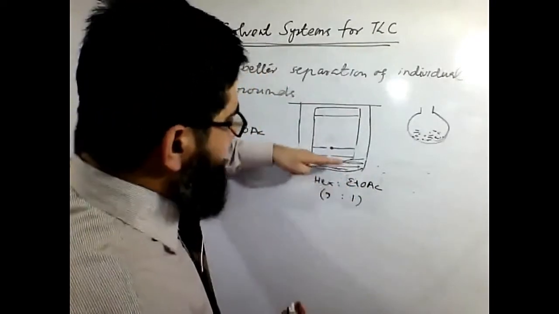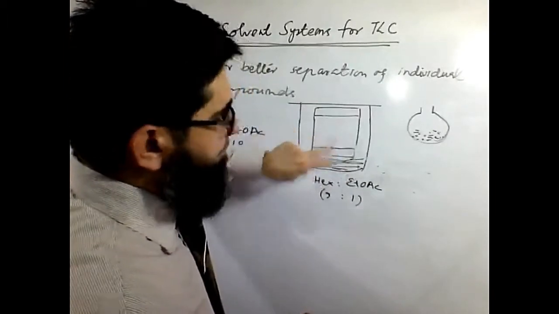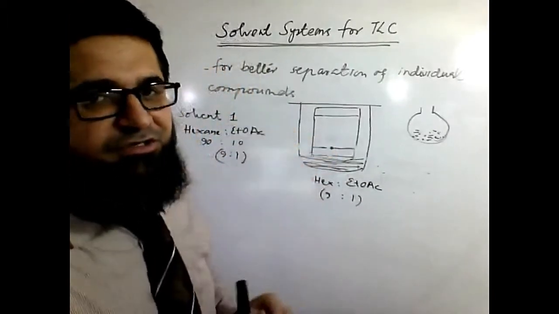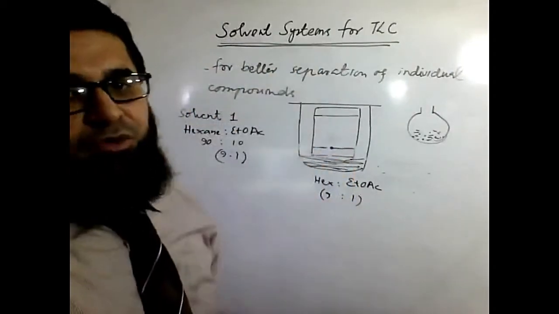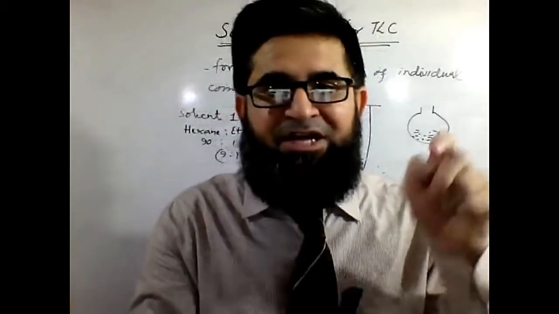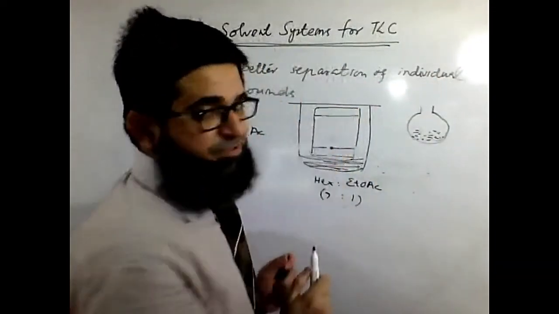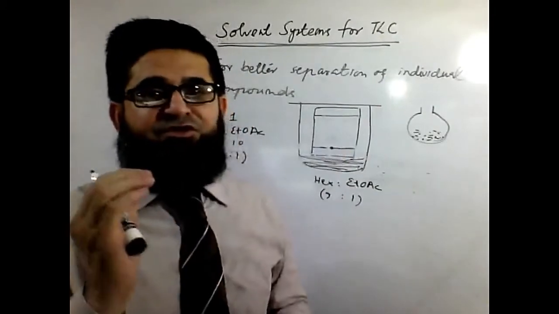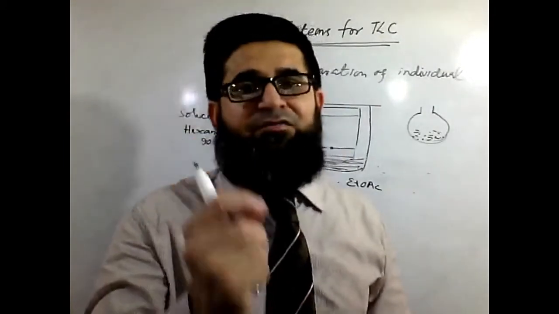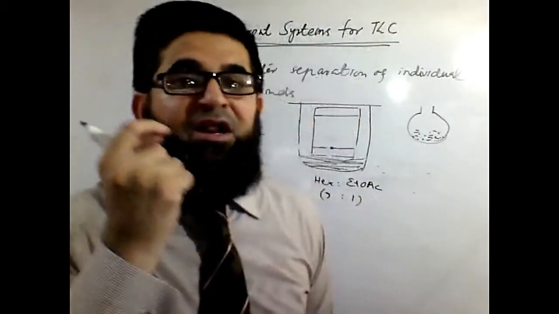When it will move through this spot, the two components which were closer to each other, they will separate from each other, because at least one of the molecule is more polar than the other. That's why it was on the upper side of the TLC, the other was on the lower side of the TLC. The one which was on the upper side of the TLC mean it was non-polar, relatively non-polar.